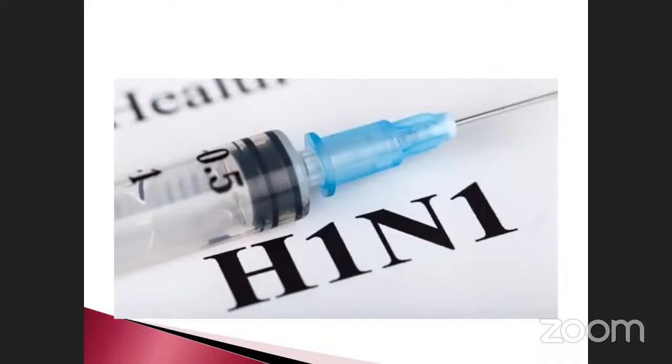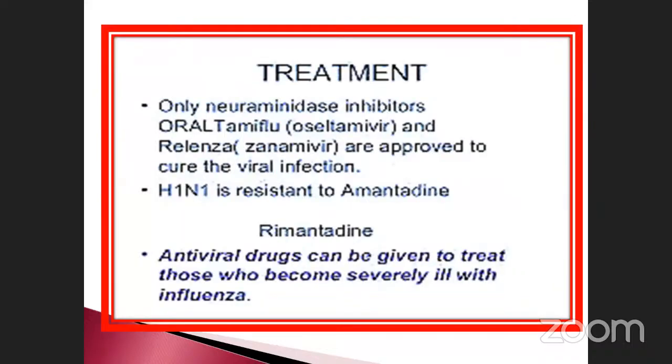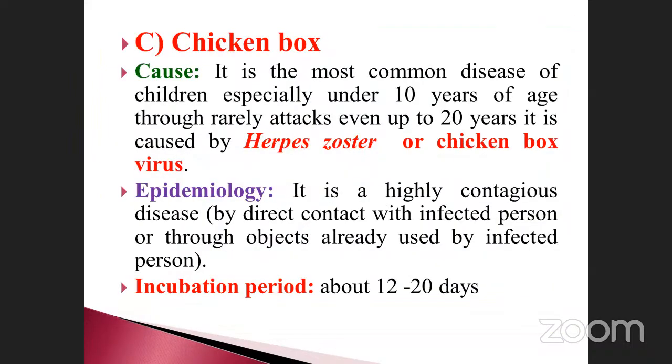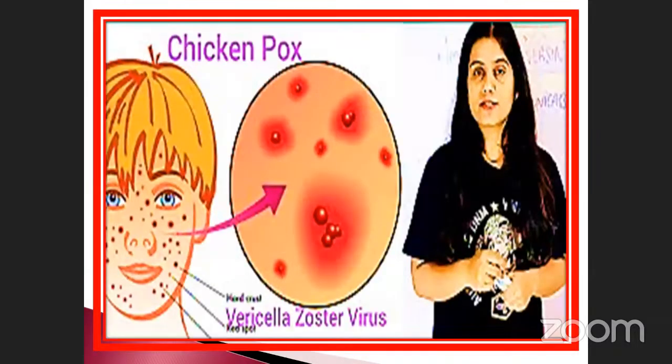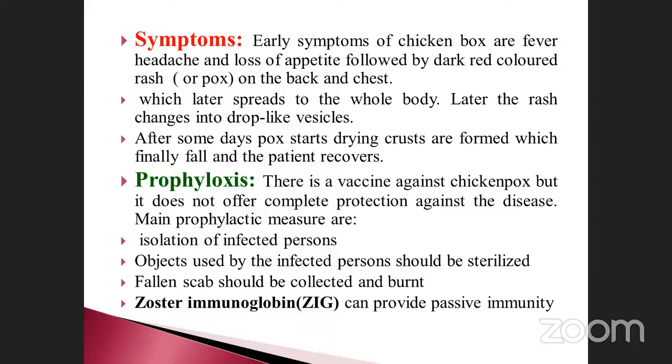And then the treatment, how it will be treated, under prescription. Chickenpox and also smallpox. This is the structure of chickenpox virus, and how the symptoms are expressed. Those we already saw. And prophylaxis: immunoglobulins are provided, and immunoglobulin can provide passive immunity.